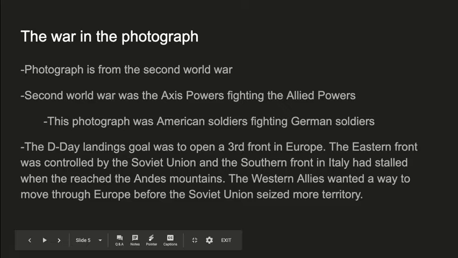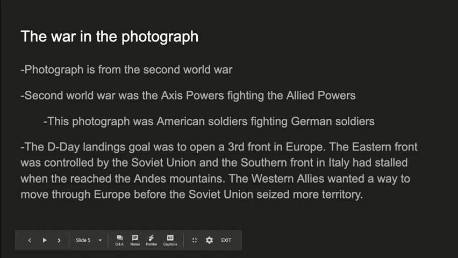The war in the photograph is the Second World War. The Second World War was fought by the Axis powers, which included Germany, Japan, Italy, and some other nations, but those were the 3 largest ones. And they were fighting the Allied powers, of which the United States, Great Britain, Canada, Australia, and the Soviet Union were the larger ones involved.